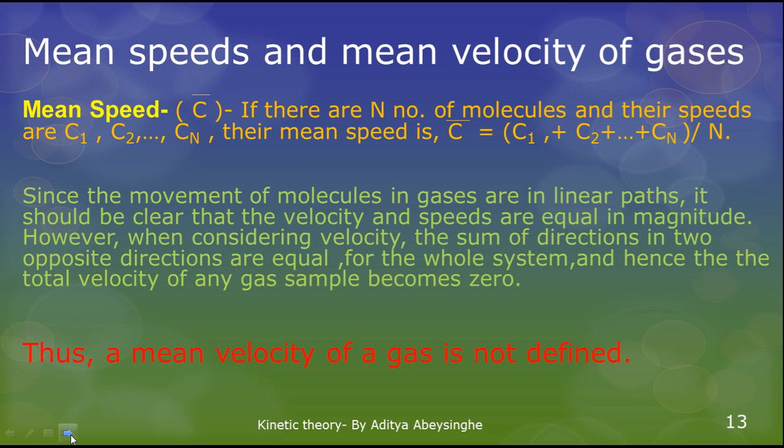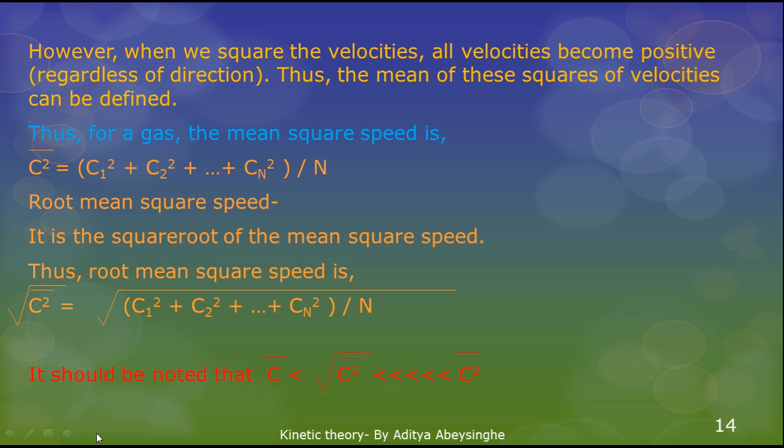However, although the pluses and the minuses cancel out and make the algebraic sum of the velocities of the molecules of a gas 0, when you square the velocities, even the negative velocities have positive values.